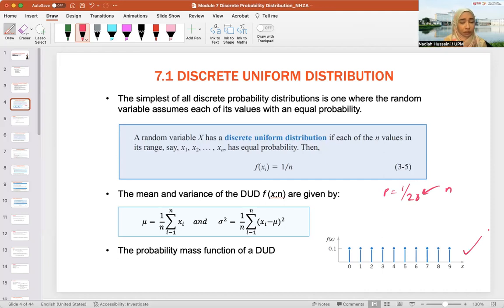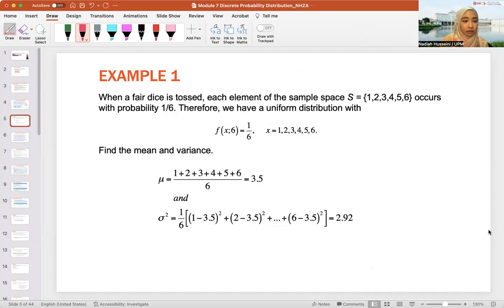A lot of people did not do well in the plotting. So let's try to focus more on that because it is very important for you to know how to plot graphs, how your graphs are supposed to look, in statistics at least. Okay, so we talked about when a fair dice was tossed. We know that a dice has 6 outcomes, and therefore whenever you roll a dice, each number will have the same probability.